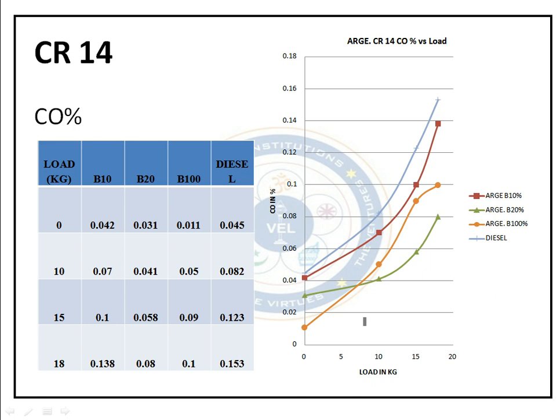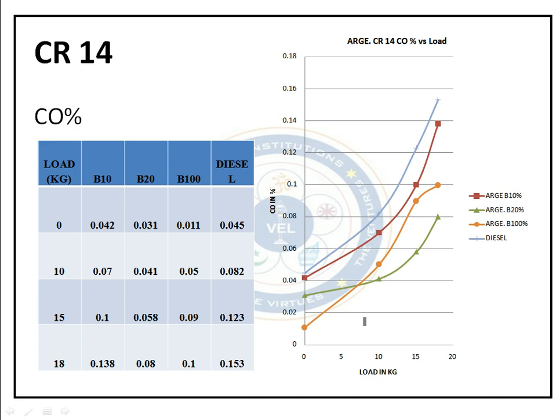Emission of carbon monoxide for compression ratio 14. For zero load, B10 gives 0.042% of CO, B20 gives 0.031%, B100 gives 0.011, while diesel gives 0.045.